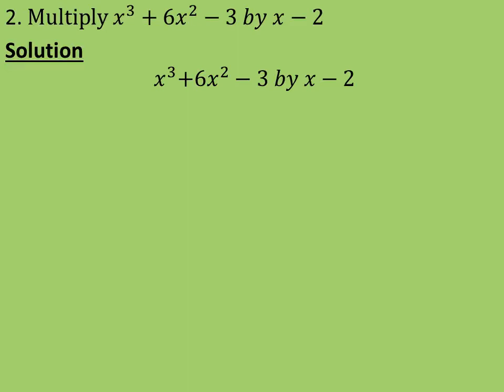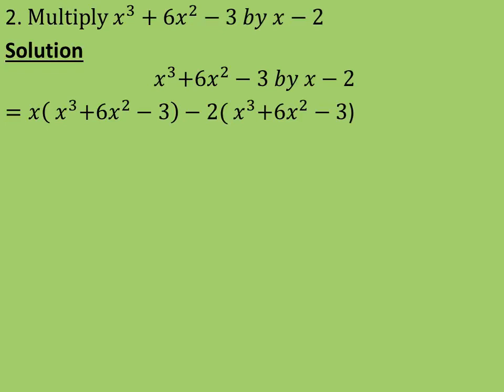So we have here, I took x minus 2 and I multiply x with the whole of x cubed plus 6x squared minus 3. What remains after x is minus 2.